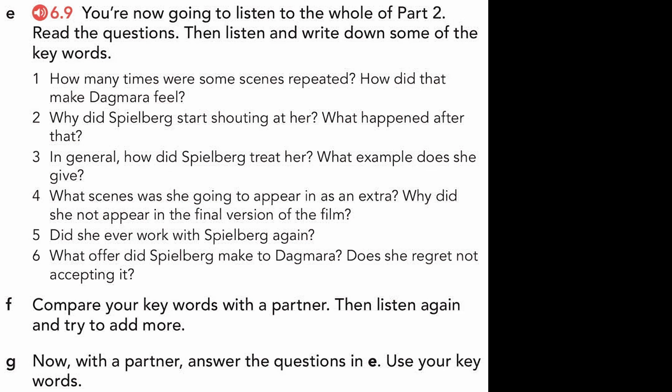Sometimes it was really hard. The worst thing was when we had to shoot a scene again and again because Spielberg thought it wasn't exactly right. Some scenes were repeated as many as 16 times, and then sometimes I would think that maybe it was my fault, that I hadn't translated properly what he wanted, so I'd get really nervous.